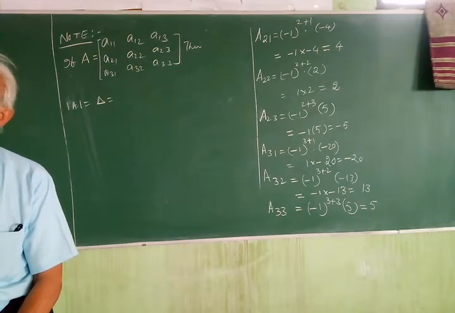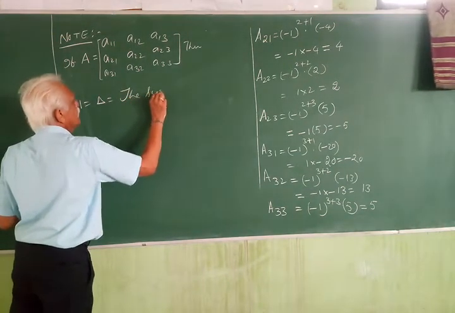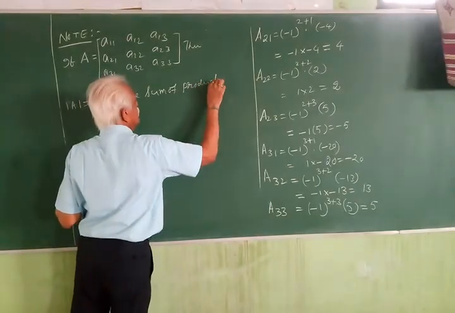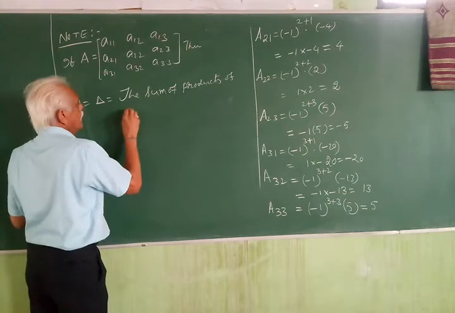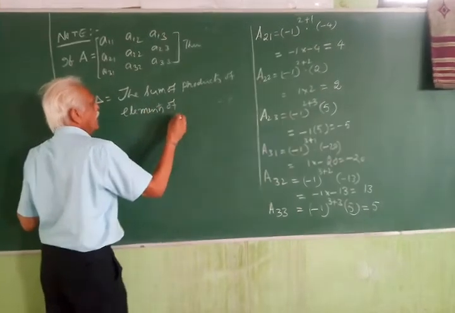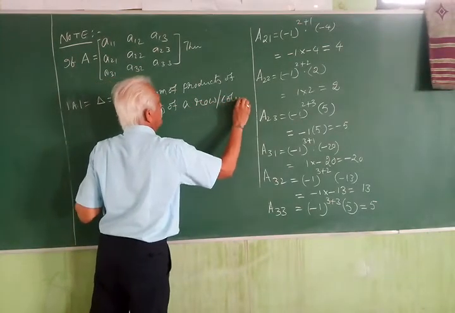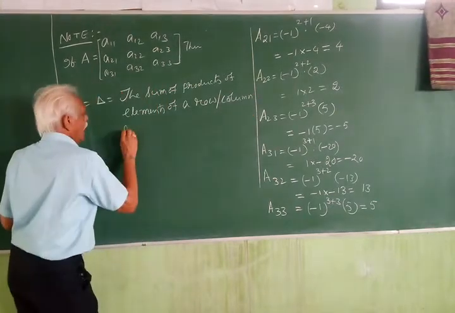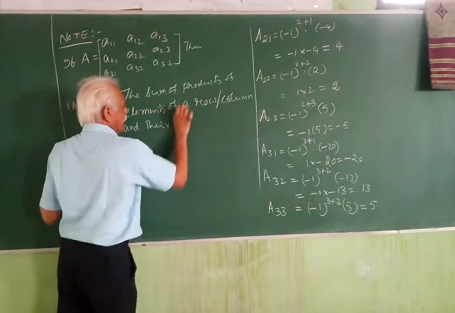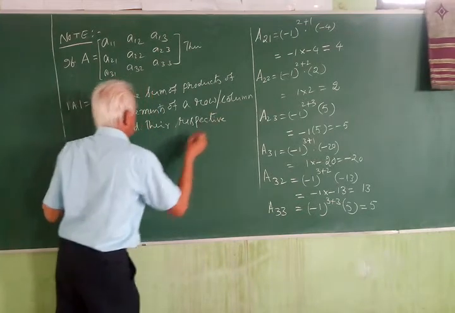The sum of products of elements of a row or column and their respective cofactors.